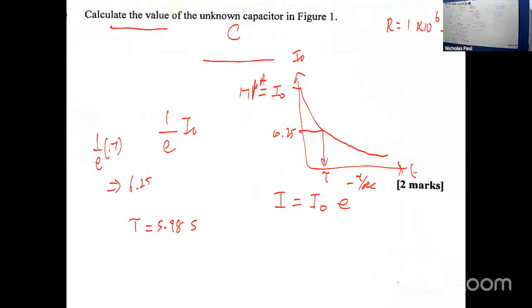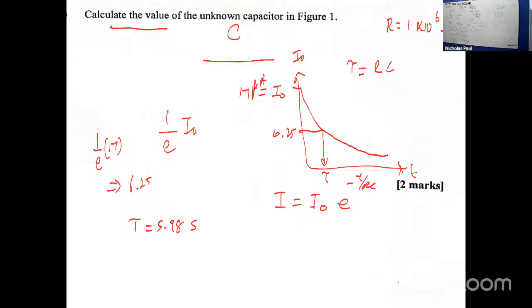So you're using tau is equal to RC, right?